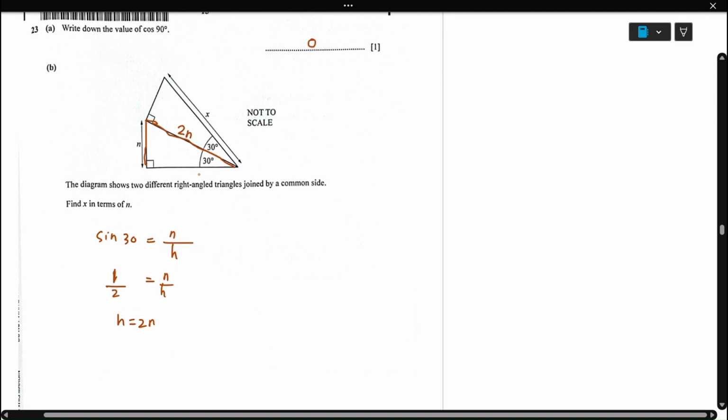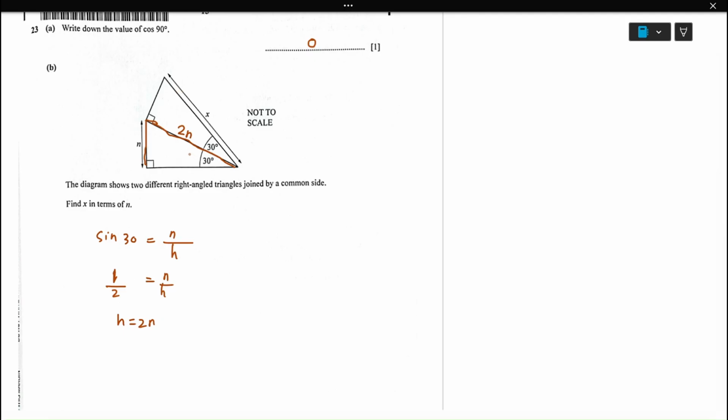Now the top triangle. So the angle is 30 and adjacent is 2n and hypotenuse is x. Adjacent and hypotenuse is going to be cos. We will use the cos ratio, which is cos 30 equal to adjacent over hypotenuse. Adjacent is 2n, 2n over hypotenuse, which is x.